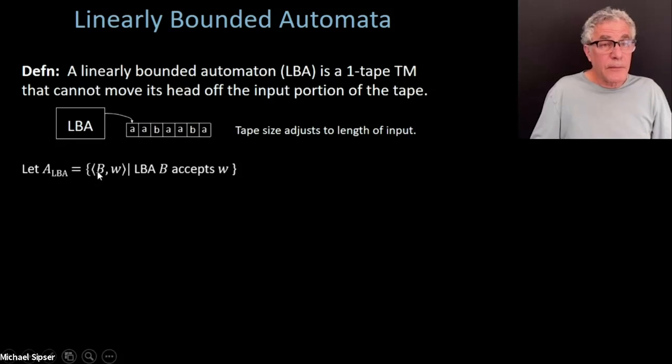And also, if you try to figure out how you would go about simulating the machine, given B and W, you run B on W. Of course, if you run it for a while and it eventually halts, either accepting or rejecting, then you know the answer and you're finished. But this machine might get into a loop. Nothing prevents the machine from looping on that limited amount of tape that it has. And then you might be in trouble.